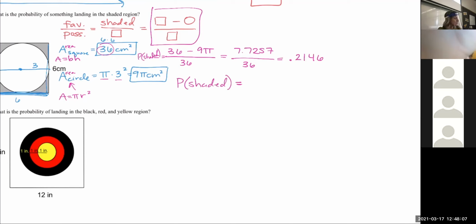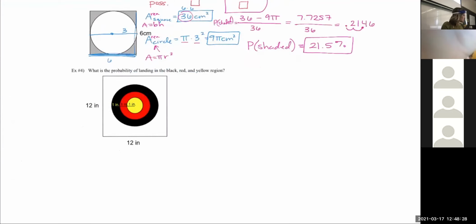Percent, okay? So if we turn this into a percent, you're gonna multiply by 100. So it's about 21.5%. So the probability you hit that shaded region is about a 21.5% chance. Does that make sense? Okay, so favorable over possible.